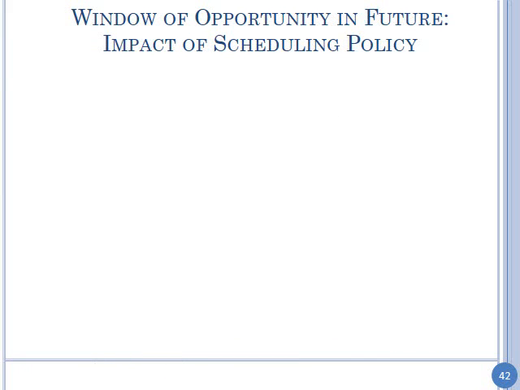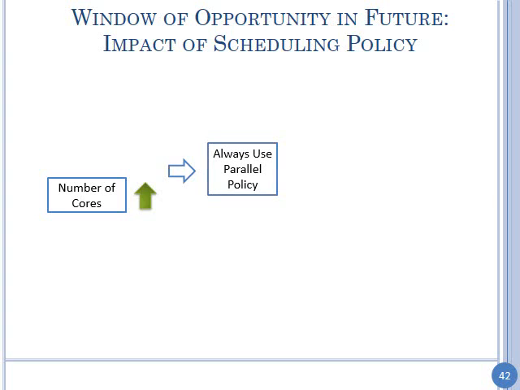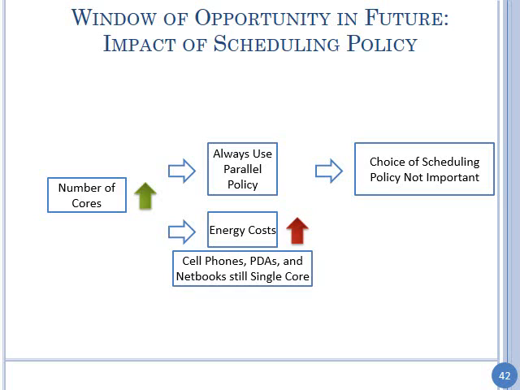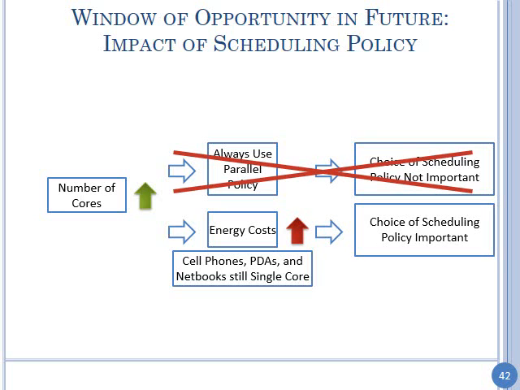So for instance, in the future, every device is going to have more and more cores, and as you get more and more cores, of course, just use the parallel policy, and therefore the choice of policies is not important. Well, with more and more cores, the energy costs go up, which is one of the reasons we still see most, if not all, cell phones, PDAs, and netbooks still using single-core CPUs. And so the choice of scheduling policy is going to stay important at least for a while.